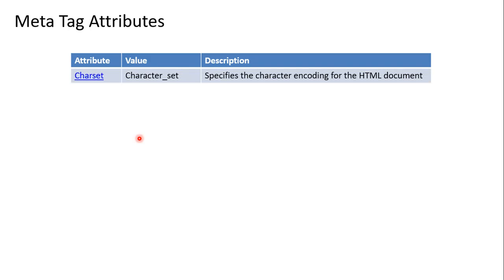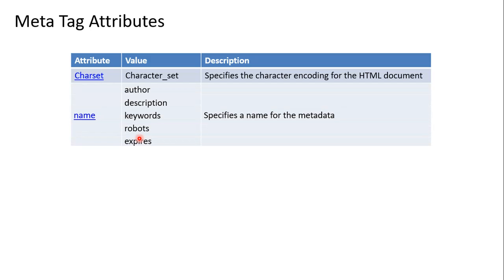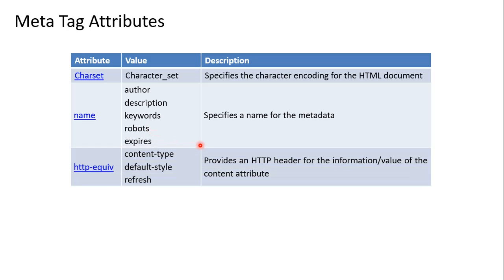So here we have the attribute, value and description. Charset specifies the character encoding for the HTML document. We have name; in name we have author, description, keywords. http-equiv provides an HTTP header for the information of the content attribute's value.